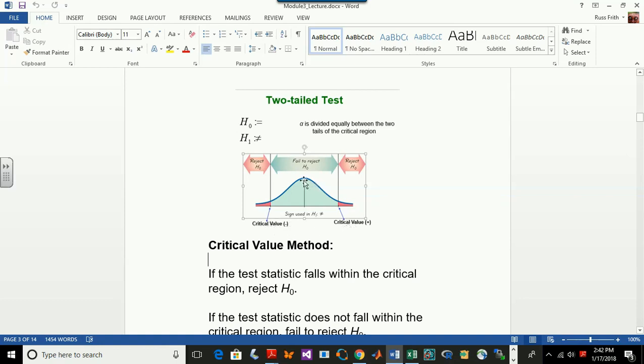If your test statistic falls within the green region, then you fail to reject H naught, or H sub 0. You fail to reject your null hypothesis, which means that the phenomena you're investigating probably occurred by chance.